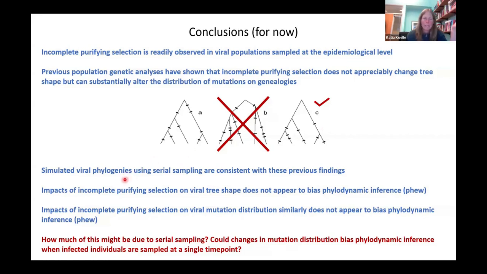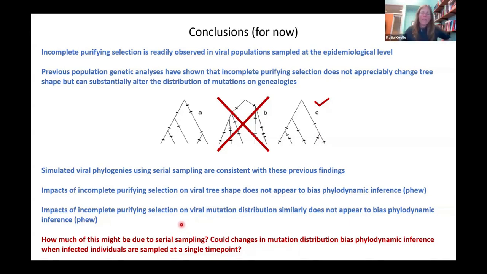And when we looked at this in the context of these simulated viral phylogenies, using serial sampling at least, our results were consistent with these previous findings, right? But it seems like none of these impacts on mutation distribution and tree shape actually biased phylogenetic inference, which is really nice and reassuring.